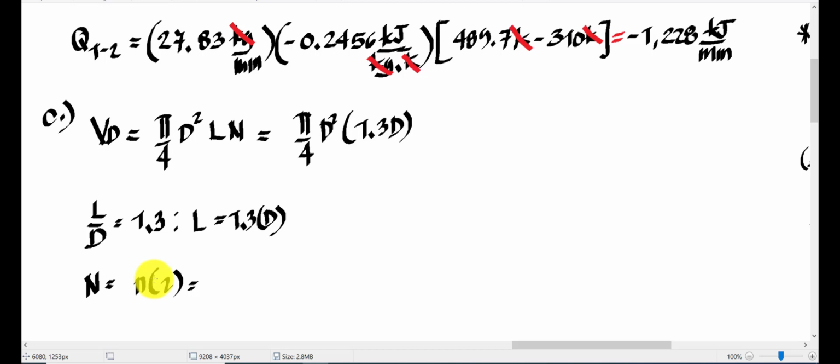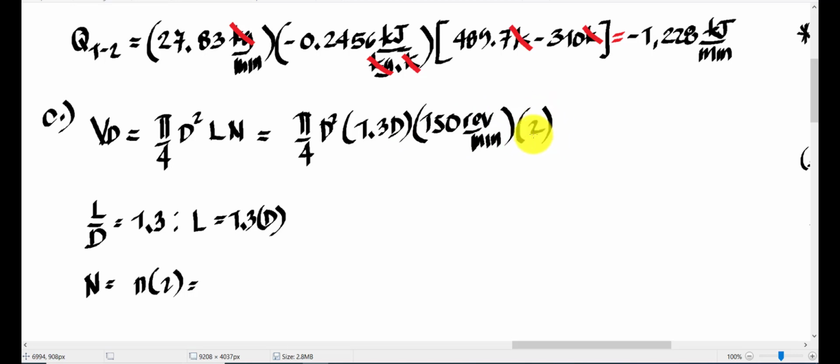Since it is double acting, it will be multiplied by 2. So we shall substitute the value of N, which is 150 rev per minute, multiplied by 2.